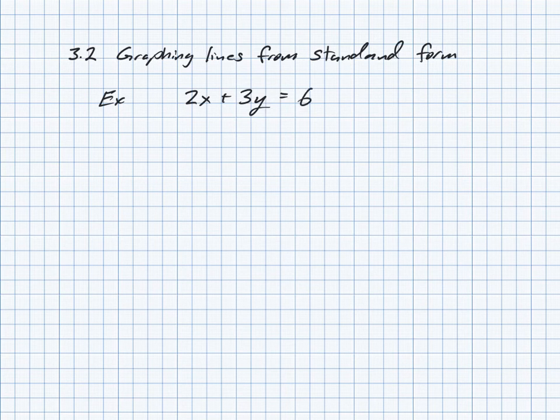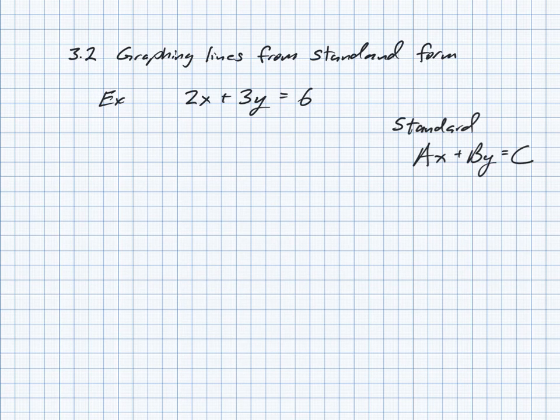This is a standard form equation. Standard form means it's going to be some number followed by an x plus some number followed by a y equals some number. And so we say it's in the shape of ax plus by equals c.